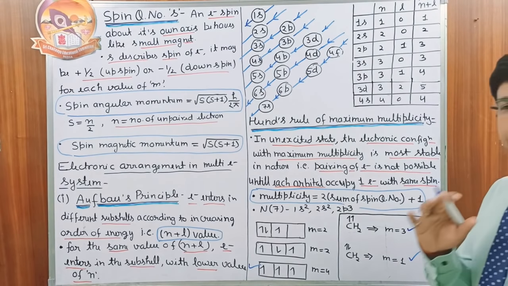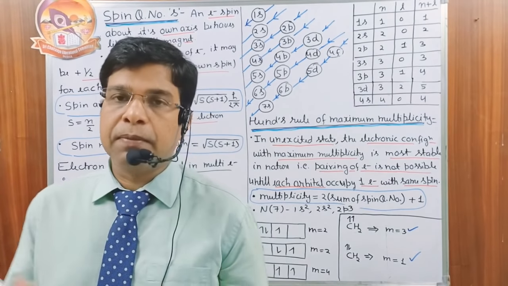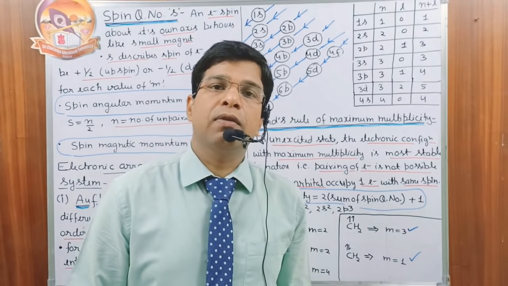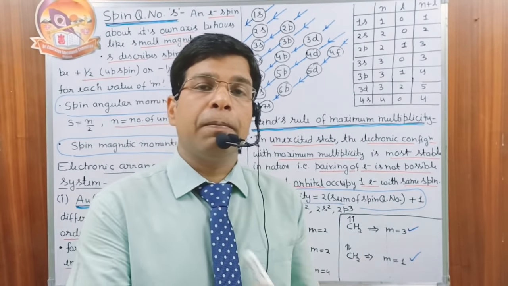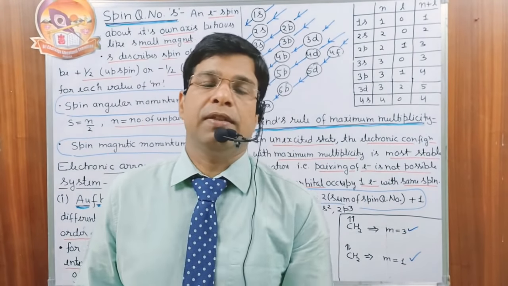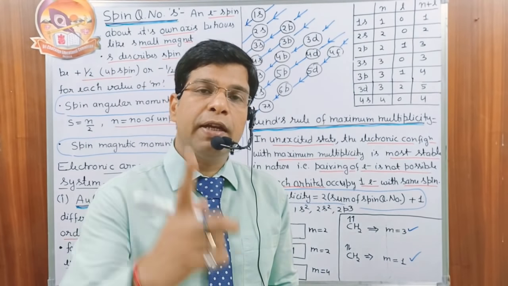And you already know this thing from organic chemistry. Everyone says that triplet carbene is more stable than singlet. Why is it so? Why is the name triplet? The name triplet is given because its multiplicity is 3. And why is the name singlet given? Singlet means 1.